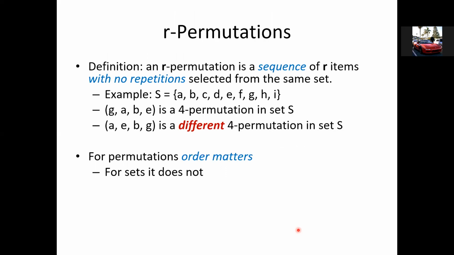So let's count new types of objects, something we call r-permutation. Let's say you're making a sequence over an alphabet, A, B, C, D, E, F, G, H, I. It has 9 digits.